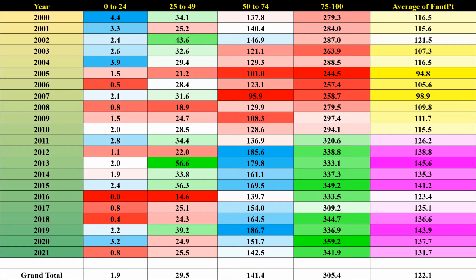So this is a year, and this is, I'm sorry, four slices of the end of the season fantasy point average for quarterbacks and the overall average for all quarterbacks. So we're looking at the bottom of the quarterbacks, that would be the 0 to 24th percentile.